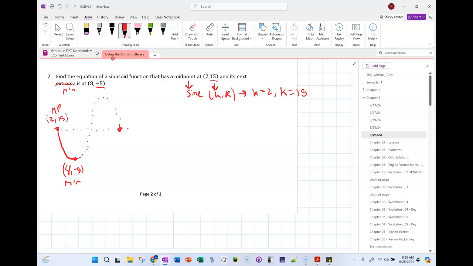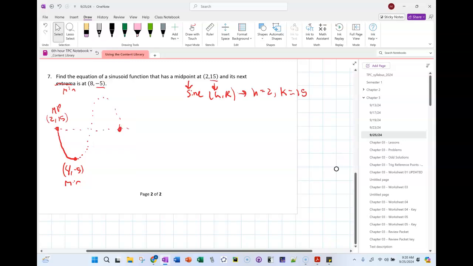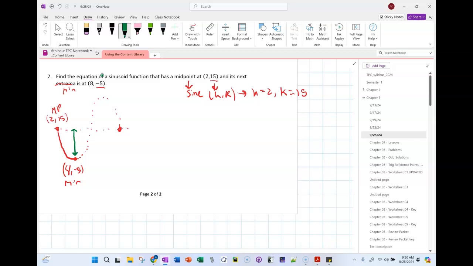Is everybody okay with that? Which is nice. Sign me up for that. That's 2 down already. All I need to do now is find my A and my C. So remember, the A is the distance from the midline to an extrema. So that distance there, right?